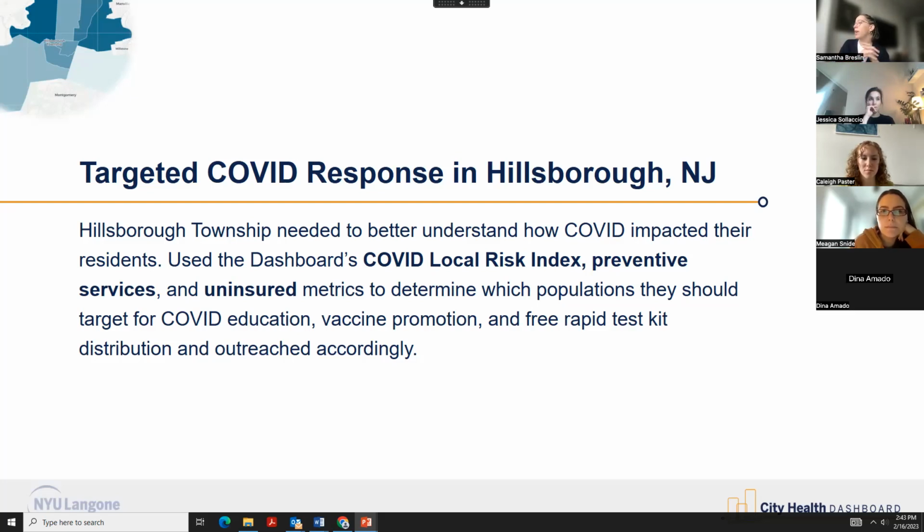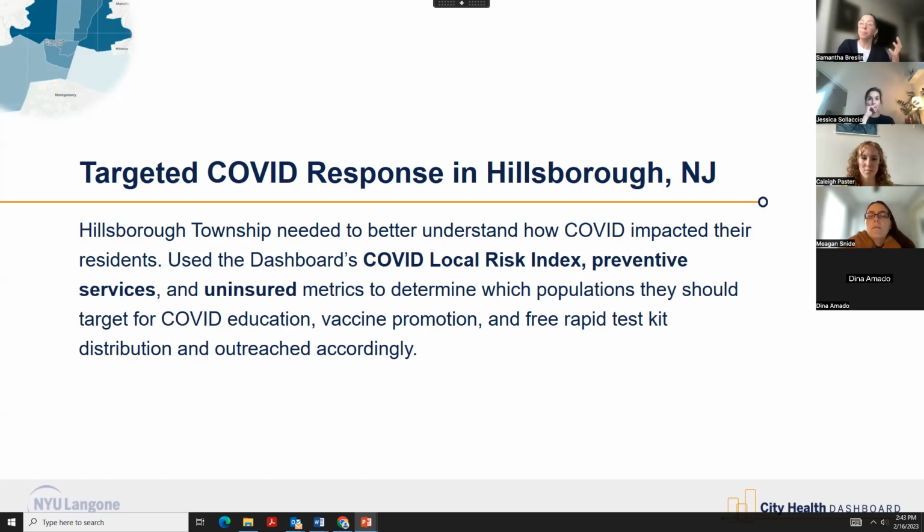So they wanted to also explore preventative services, which is looking at seniors who are getting preventative checkups regularly, as well as insurance, to better understand which populations, which communities they should be targeting for various COVID education programs, vaccine promos, and rapid test distribution.